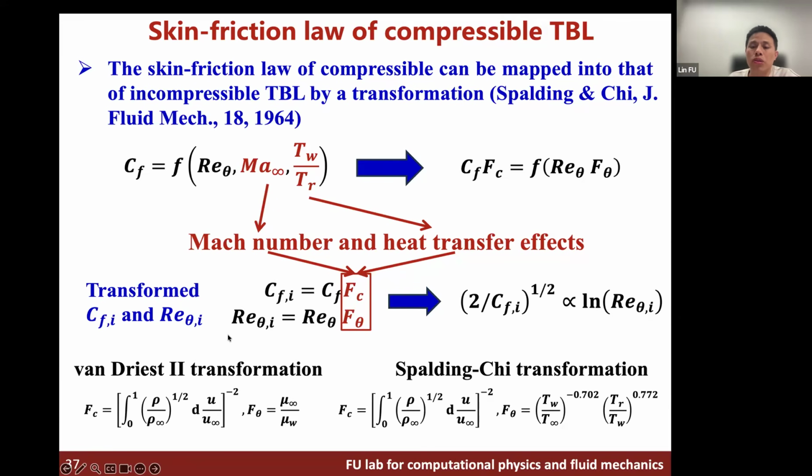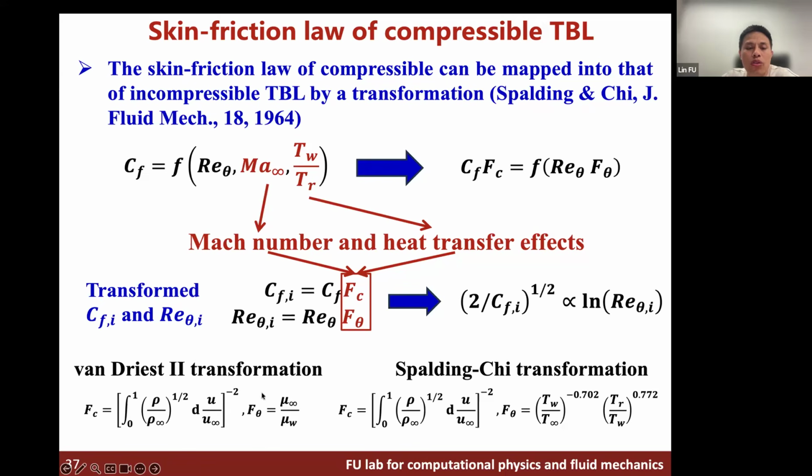Then we get a universal law relationship for all kinds of boundary layer flow from incompressible to hypersonic. If you check the textbook again, you will find van Driest. Van Driest is really genius in terms of modeling hypersonic boundary layer turbulence.